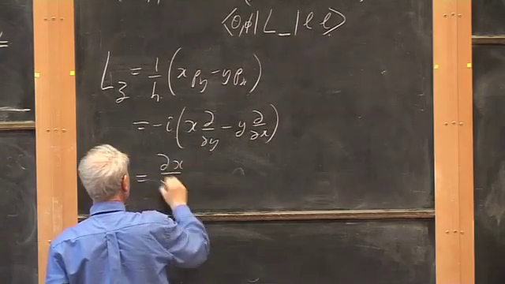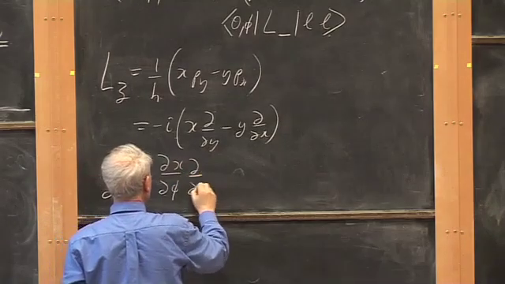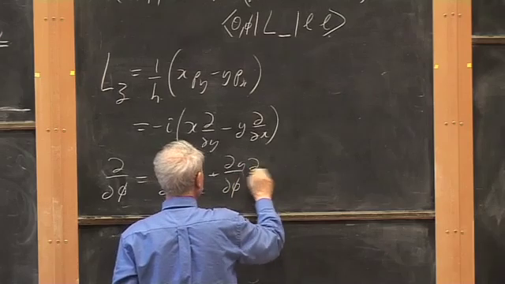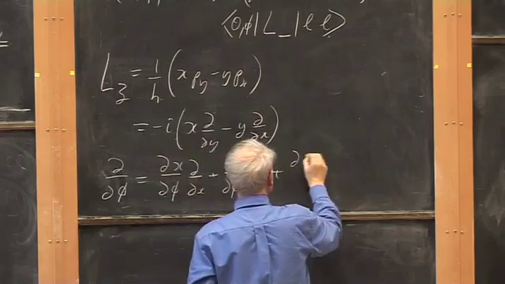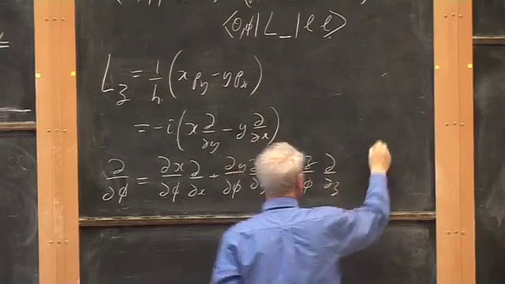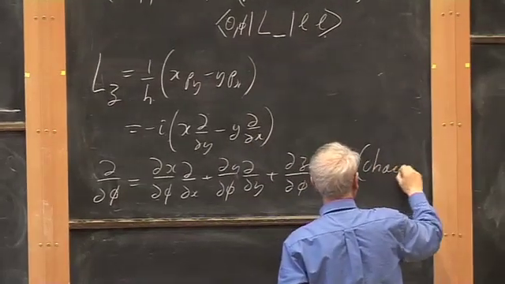It's dx by d phi, d by dx, plus dy by d phi, d by dy, plus dz by d phi, d by dz. That's just the chain rule from calculus.